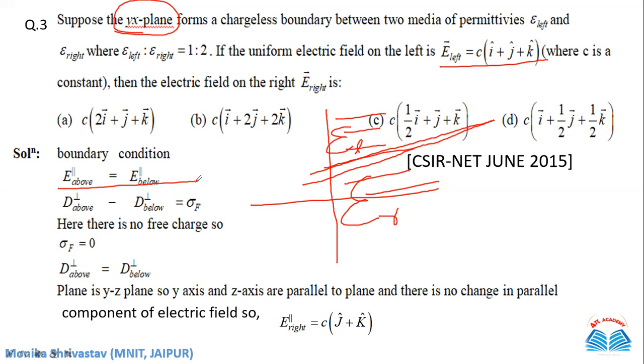The second boundary condition: D perpendicular above minus D perpendicular below equals sigma f. In this question there is a chargeless boundary, so there is no free charge and sigma f is 0. So D perpendicular above equals D perpendicular below.